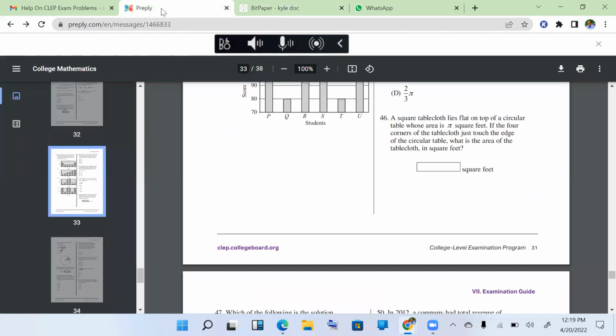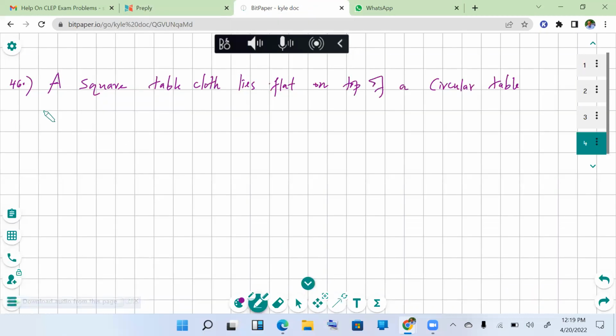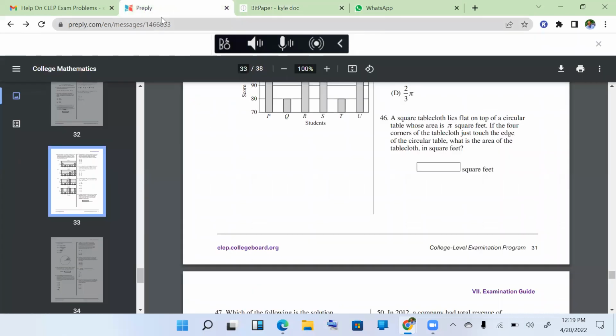It lies flat on top of a circular table whose area is pi square feet.